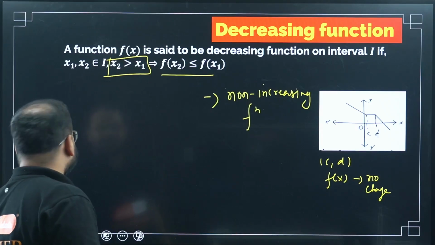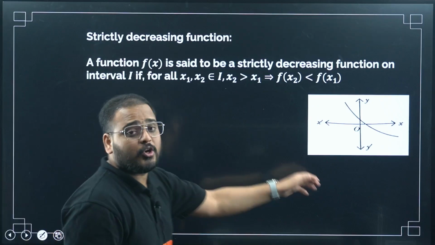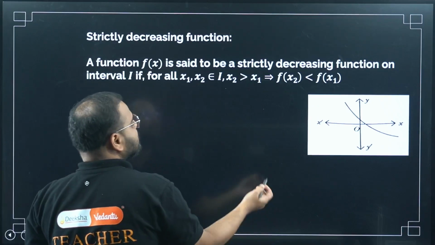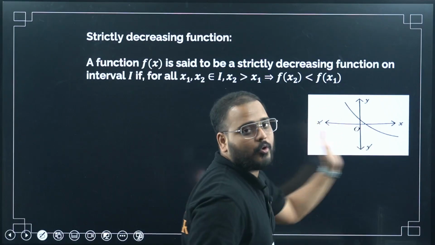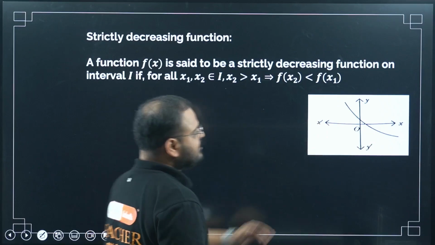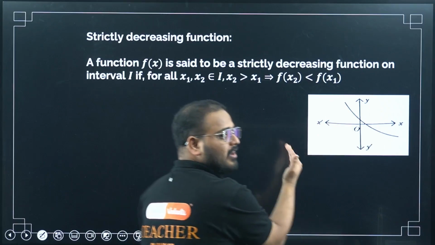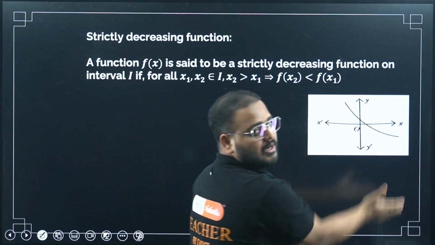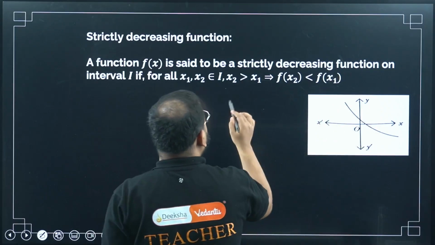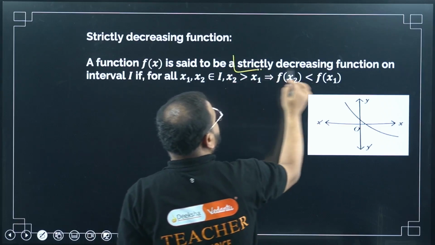Whereas for this function, I have to call it strictly decreasing. Why? Because at no point is the function constant. Across x, if I'm moving left to right, my y value is coming down, down, down. So strictly decreasing, sir.